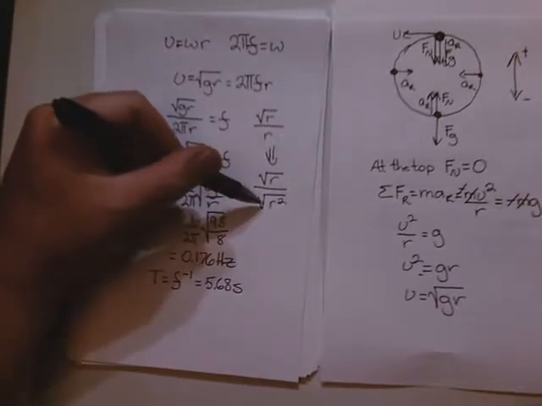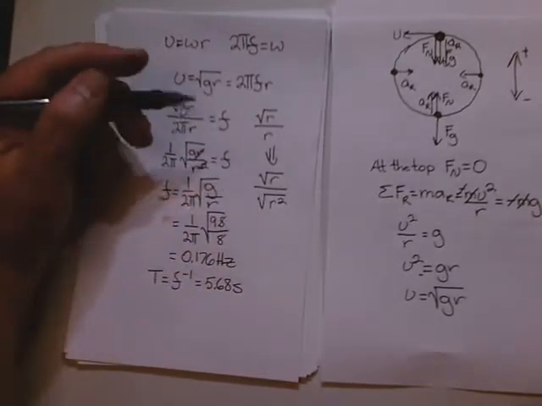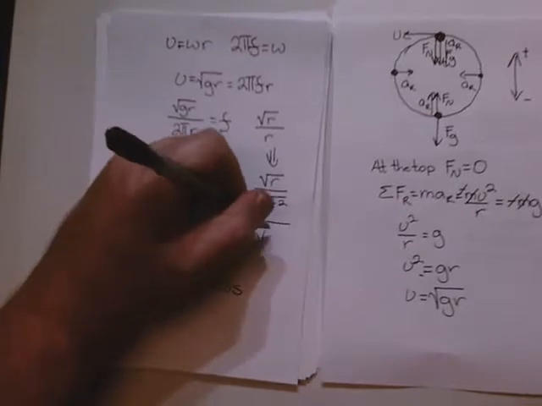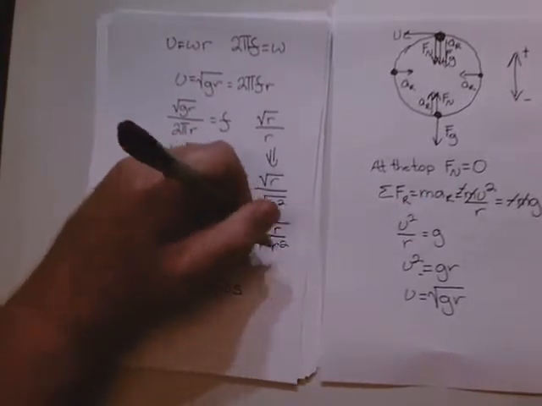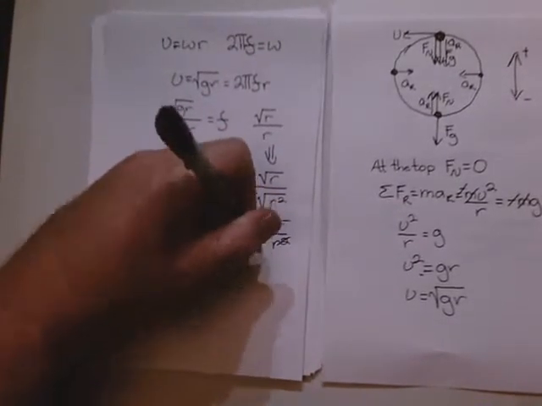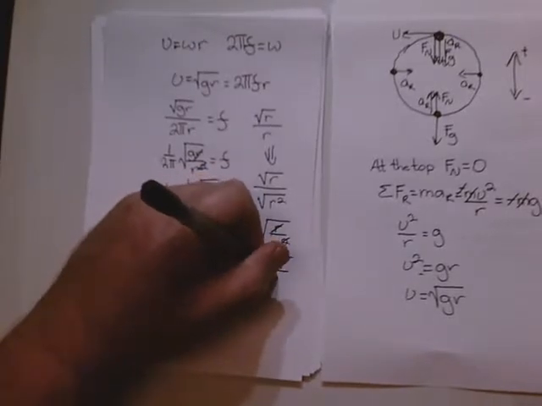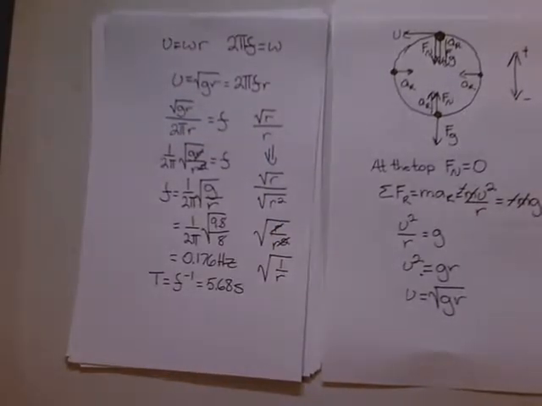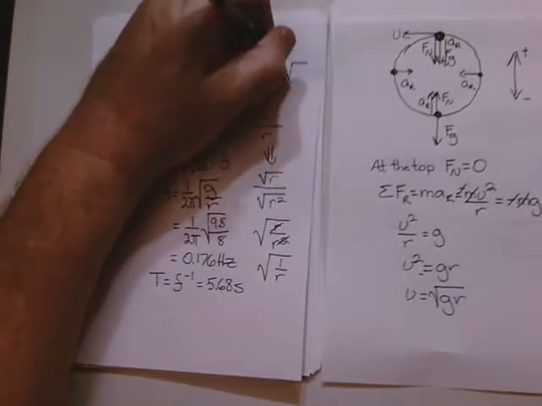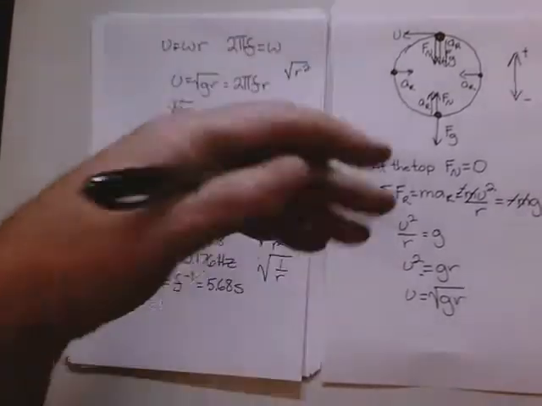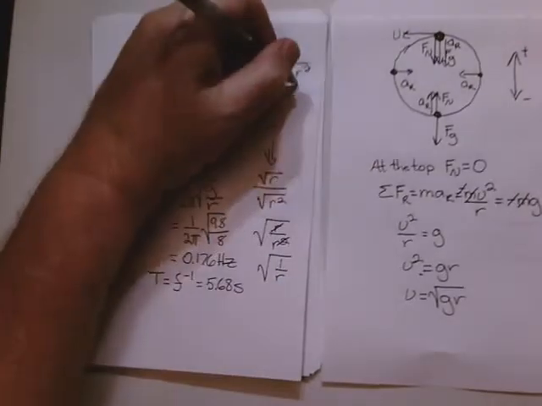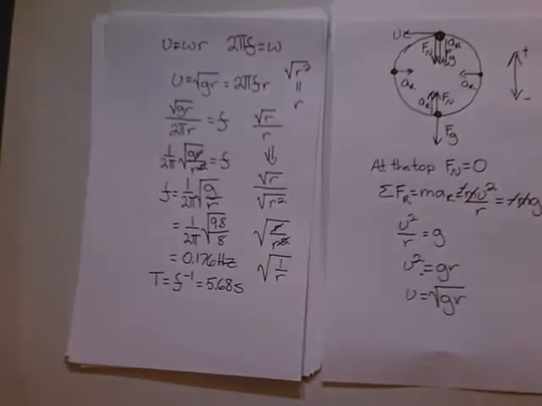The r is effectively the square root of r squared, and so that becomes r over r squared, or the square root of 1 over r. So if I just asked what's the square root of r squared, you would say, oh, that's just r. So you could go the other way: r is equal to the square root of r squared.